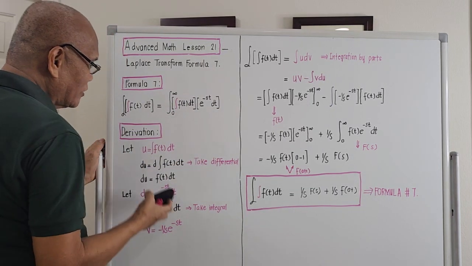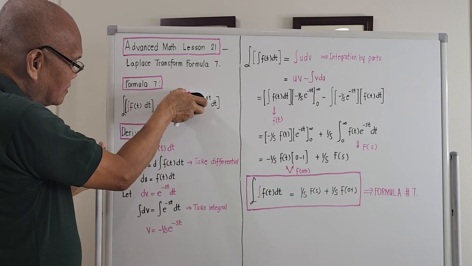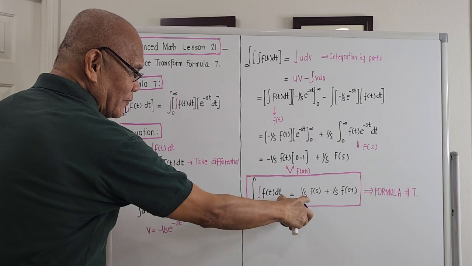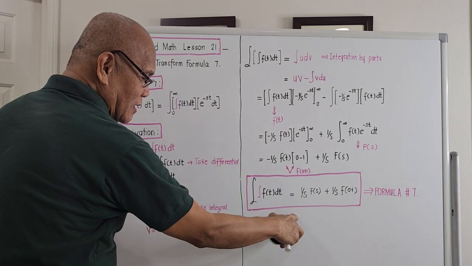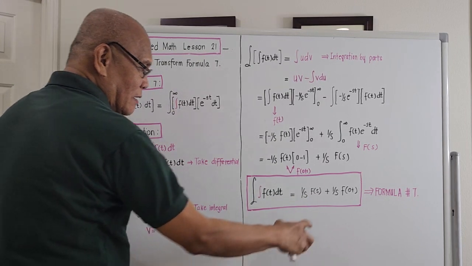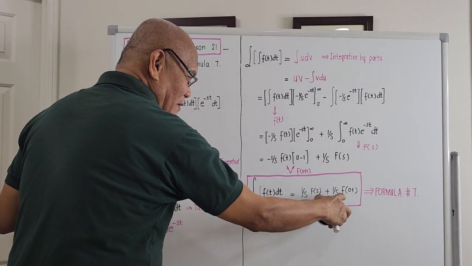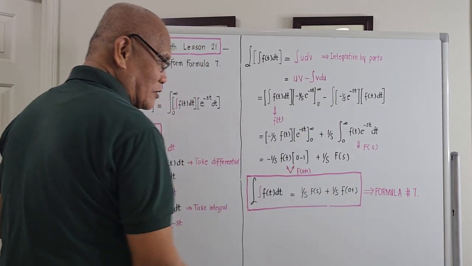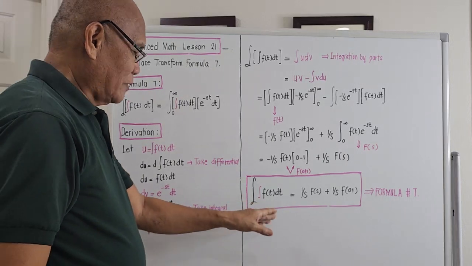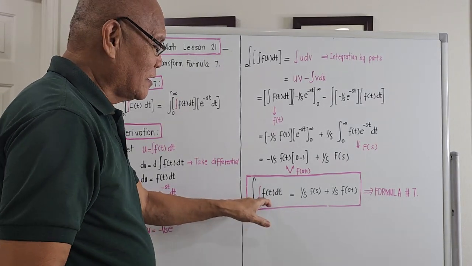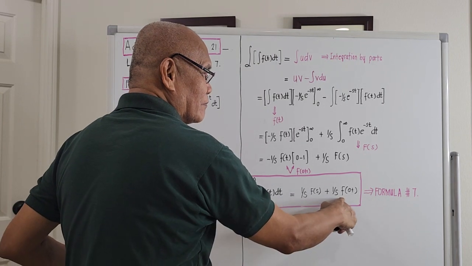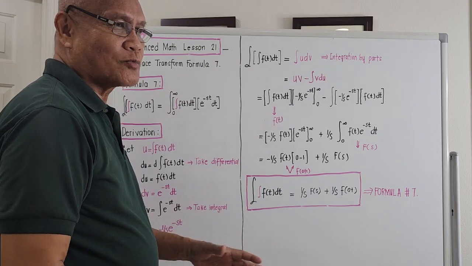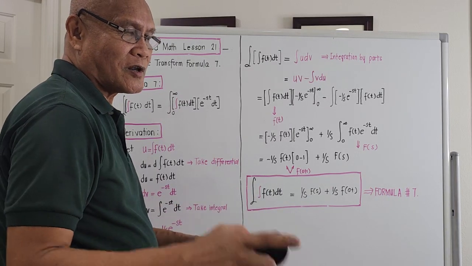So actually, we are to take the Laplace transform of this, and what should come out is 1 over s, capital F of s, plus 1 over s, f sub 0 plus. We are to derive this by using Laplace transform, not the so-called classical solution. We are using Laplace transform to solve that differential equation under circuit analysis.